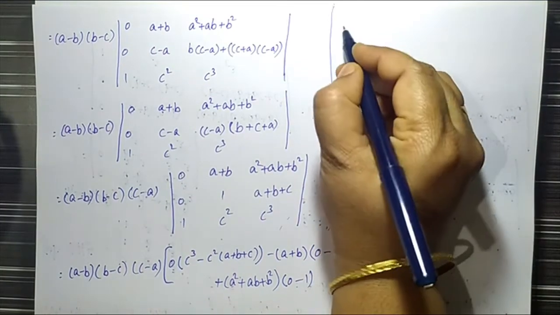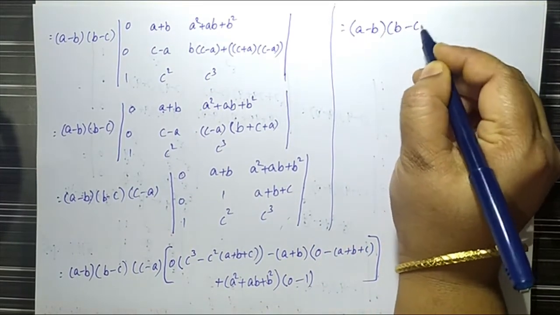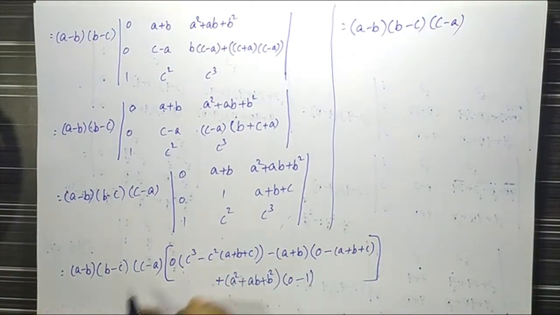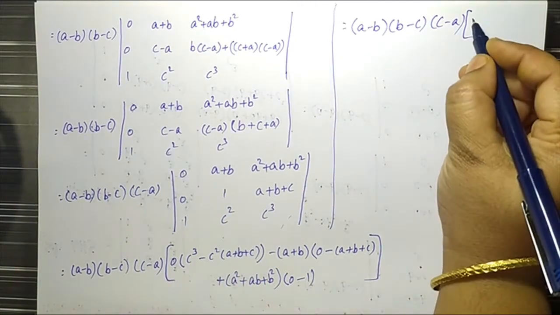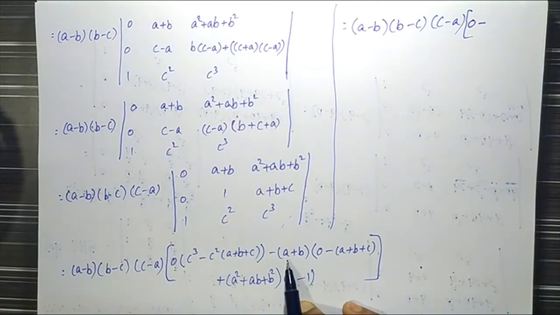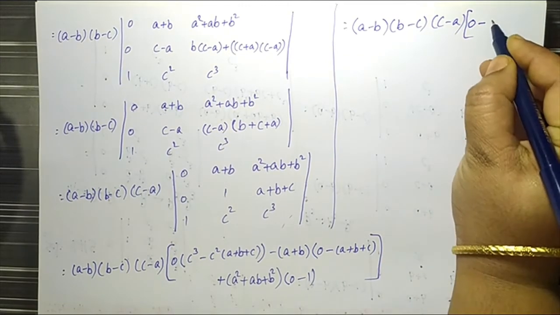Then that is equal to a minus b into b minus c into c minus a. This value is 0 into anything, the value is 0. Then 0 minus a plus b into 0, a plus b.